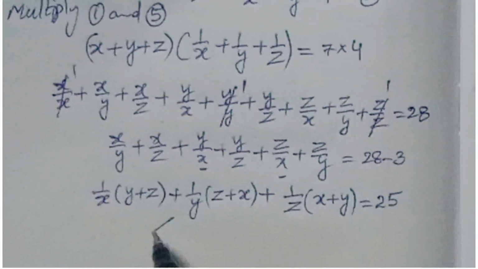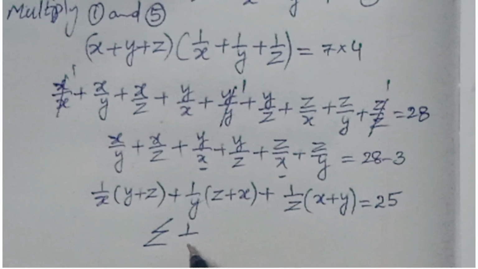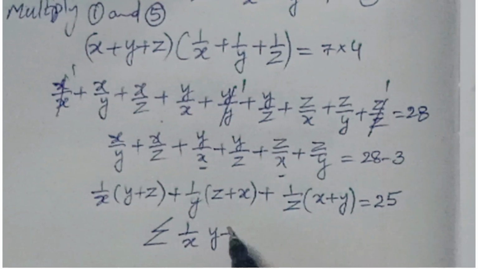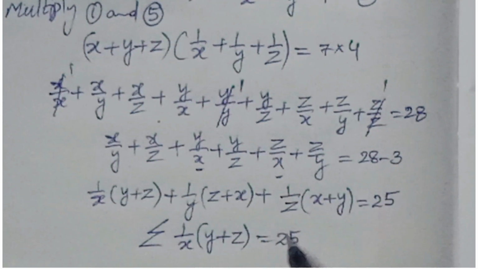So this can be written as sigma 1 by x into y plus z is equal to 25.